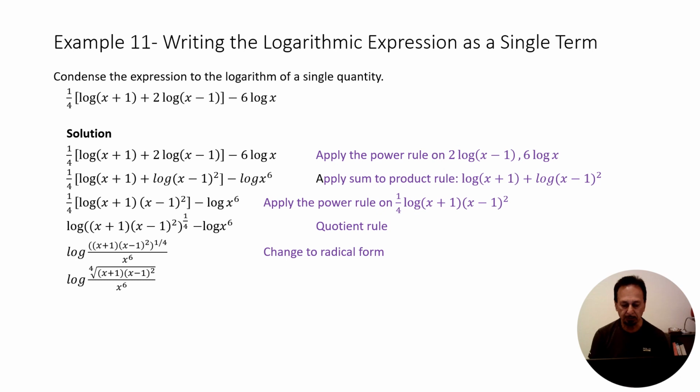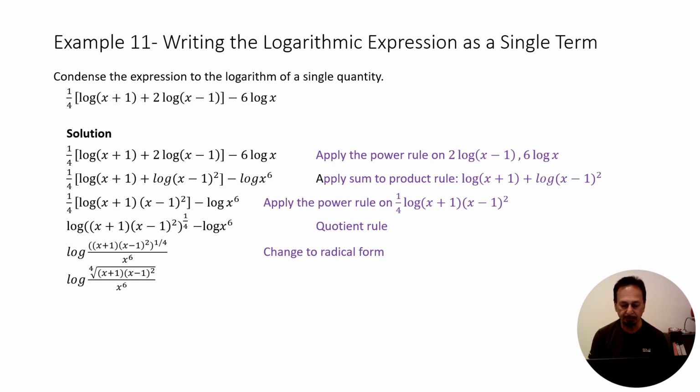So we write 1 over 4, bracket, log of x plus 1 plus 2 times log of x minus 1, bracket close, minus 6 times log of x. We apply the power rule on 2 log of x minus 1 and 6 log of x.